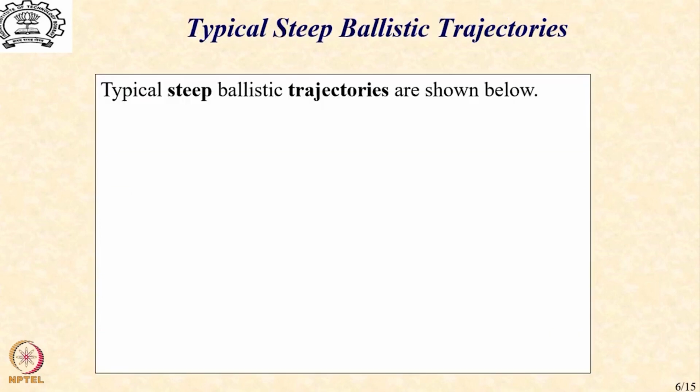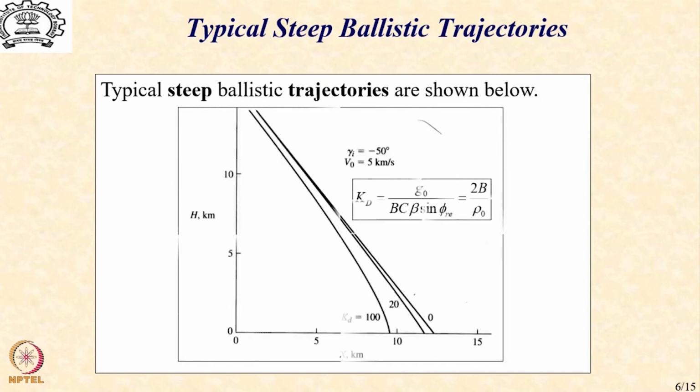Let us now try to visualize these trajectories for different values of angles, and the constant Kd, which is the ratio of 2b divided by rho naught, and for an entry angle of minus 50 degrees, which means that at the time of entry the object makes an angle of minus 50 degrees with the local horizon and has a velocity of 5 kilometers per second.